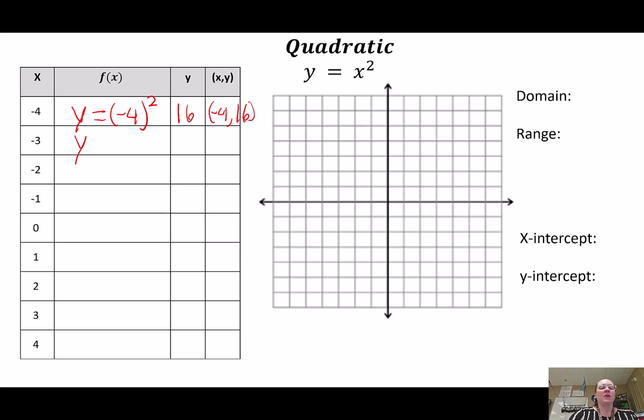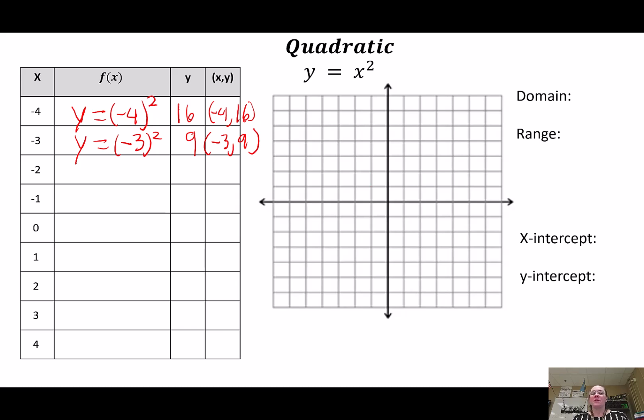All right, let's look here. We got y equals, our x is negative 3. So negative 3 squared is 9. Okay, so again, if I looked at my graph, I've got 1, 2, 3, 4, 5, 6, 7. I don't have enough spaces to go up 9 spaces.